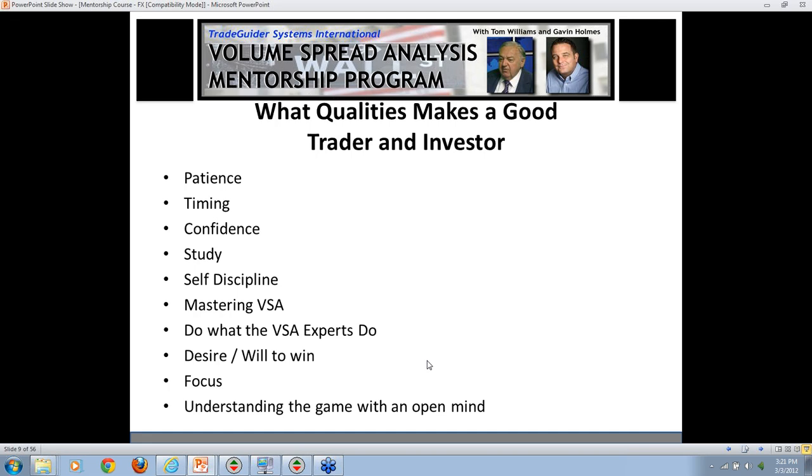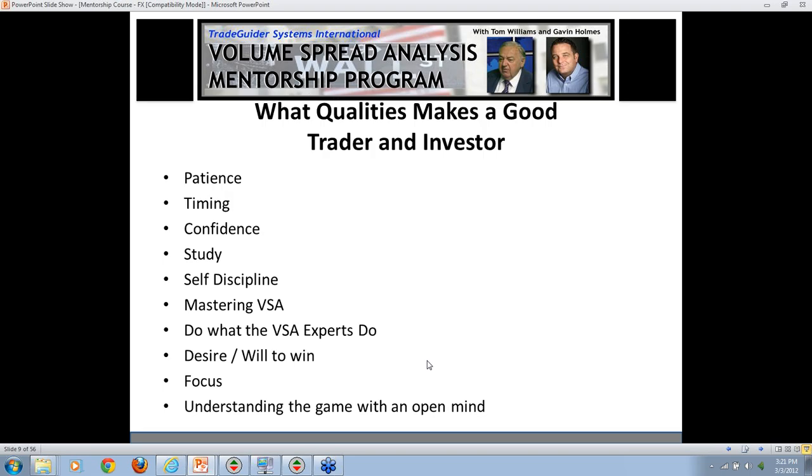Just before we start, I'll say what qualities make a good trader and investor. It's all well and good being able to read charts, but as human beings, we have many emotions that we go through when we're trading, and there are certain things, in my years of doing this, I'm in my 11th year, that make a really good trader.